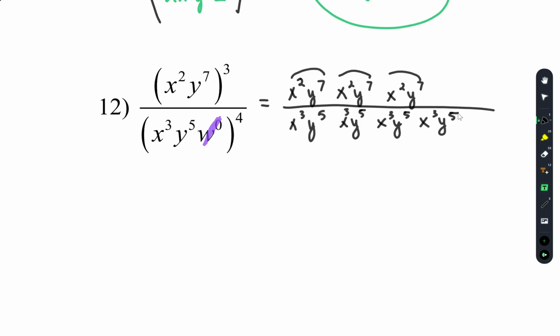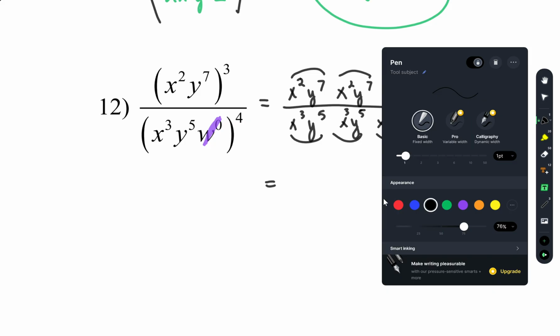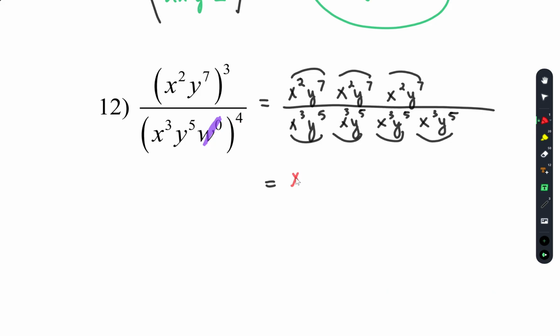Okay. So we have groups, 4 groups of these. So you have to figure out how many x's are on the numerator. 6 of them. And then how many y's are on the numerator? So 21. Okay. Then we have x cubed.